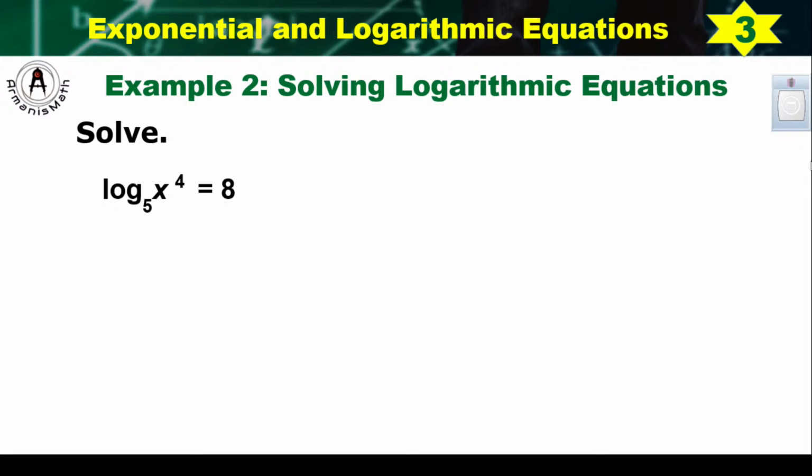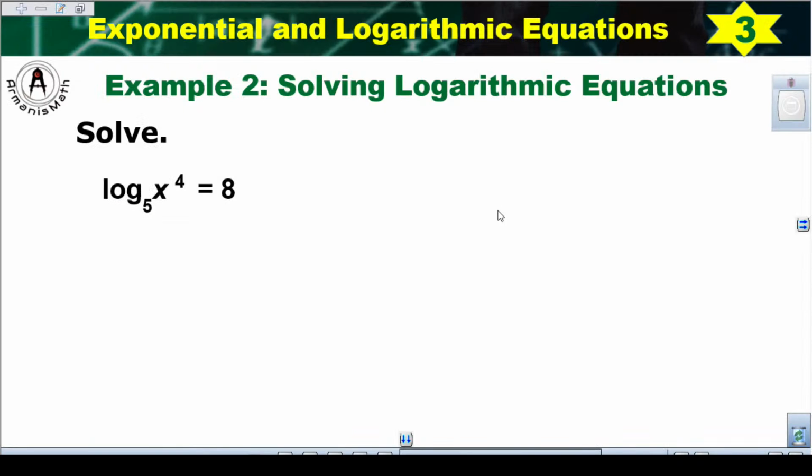Here's another one. This one says solve the logarithmic equation. I have log base 5 of x to the 4th equals 8. In this case, I'm going to use the power log.